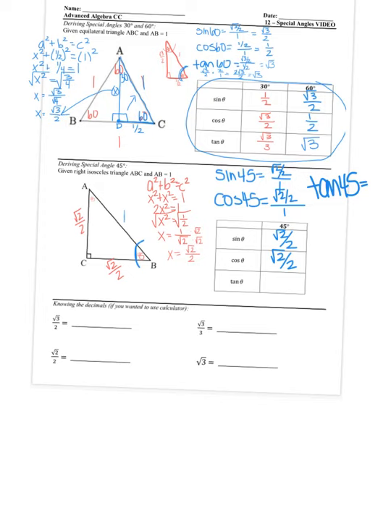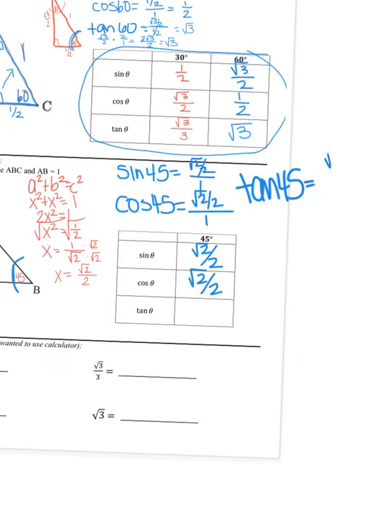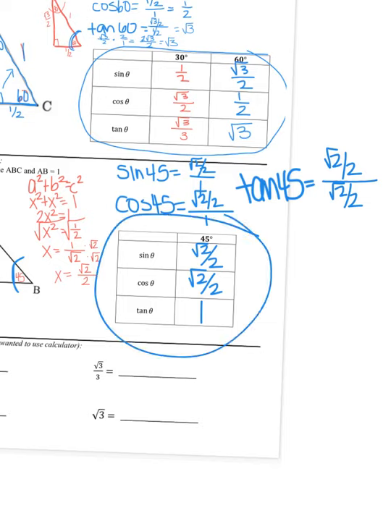Super easy, is opposite, which would be rad 2 over 2, over adjacent, rad 2 over 2. Whenever you're dividing something by itself, it cancels out to be 1. Okay, so this is the other chart that I want you to know, along with the one that you did for homework with the quadrantal angles of 0, 90, 180, 270, 360.